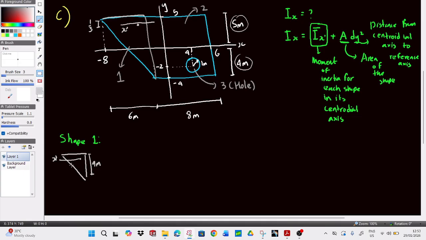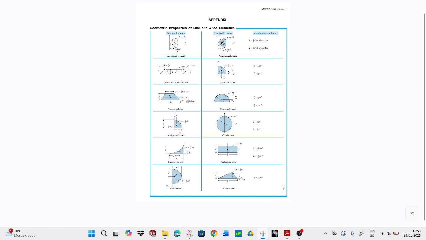So to find the moment of inertia for a triangle, we find the Ix prime first. If we go into the appendix, for Iy it is 1/36 BH cubed.